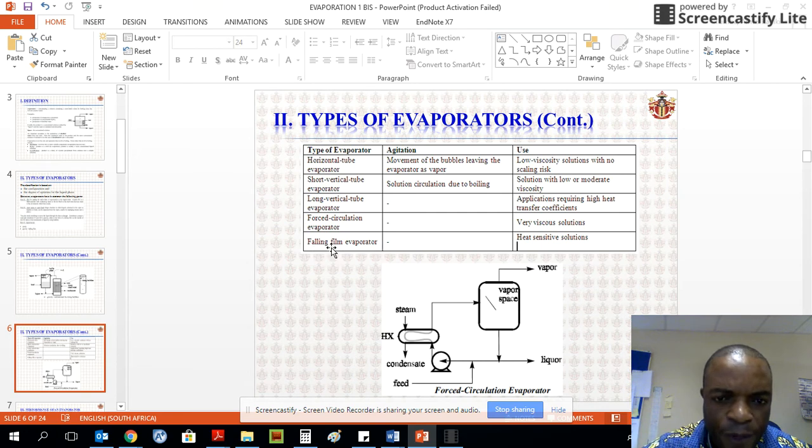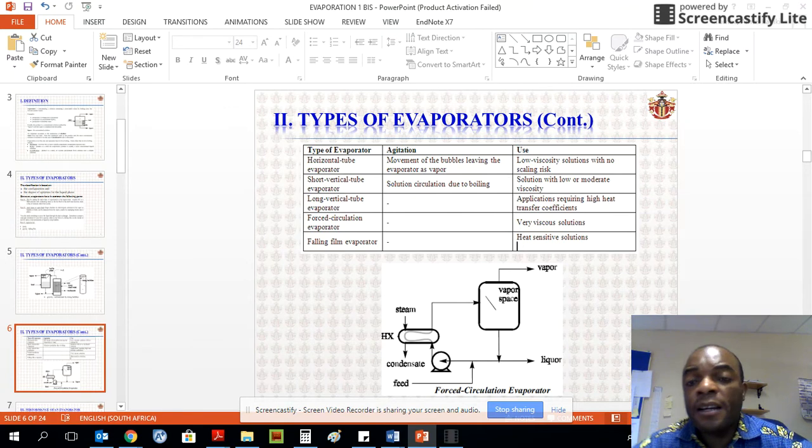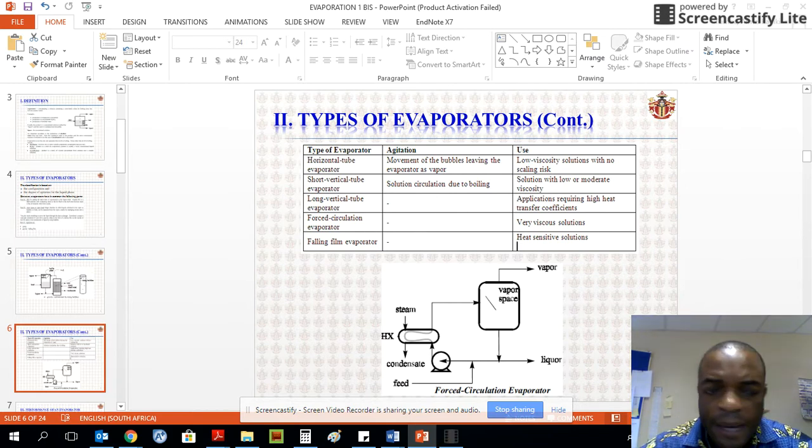Now, in the falling film evaporator, no pump is used. They take advantage of gravity, and you can view a falling film evaporator in our chemical engineering lab.